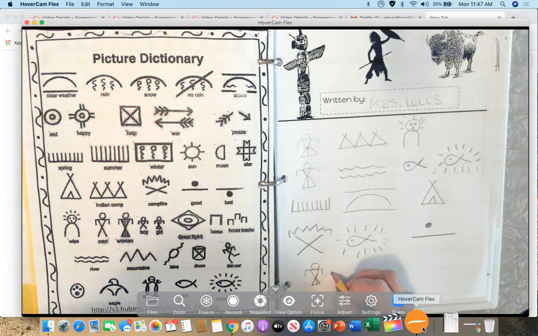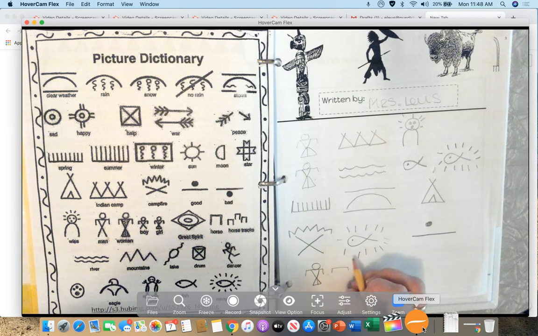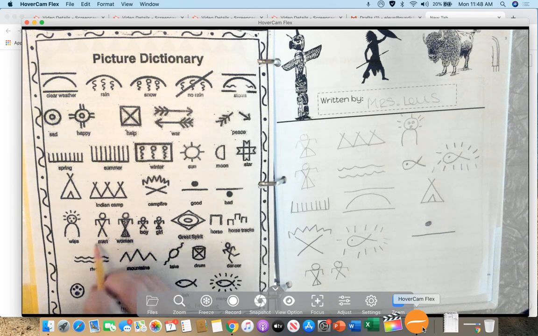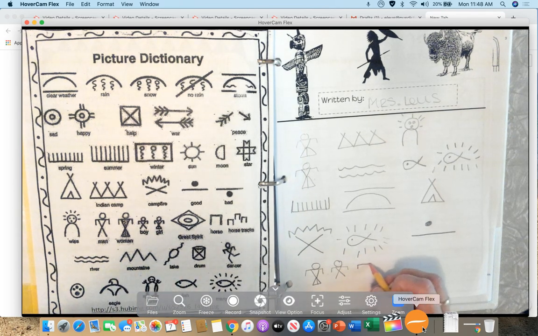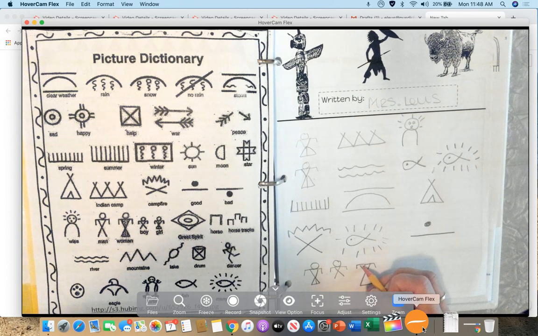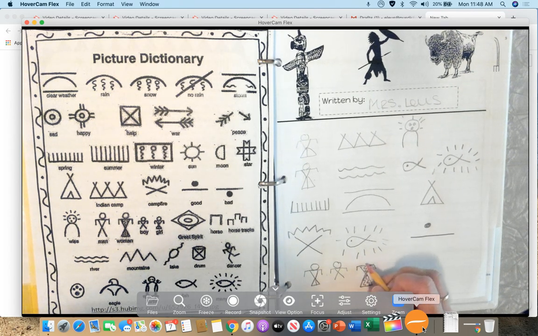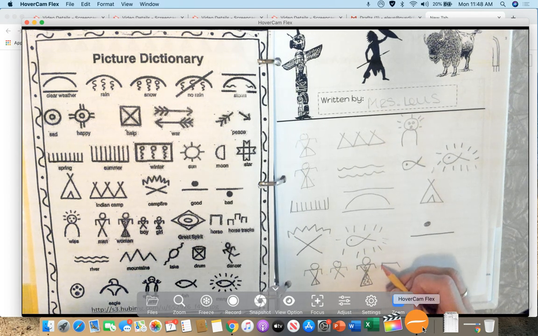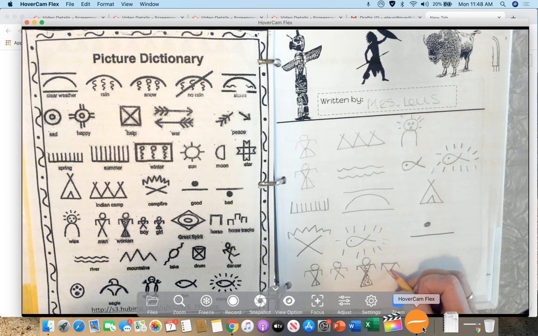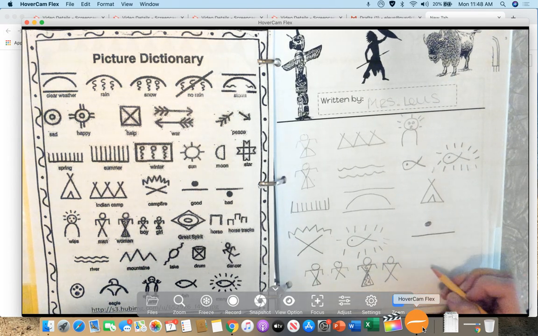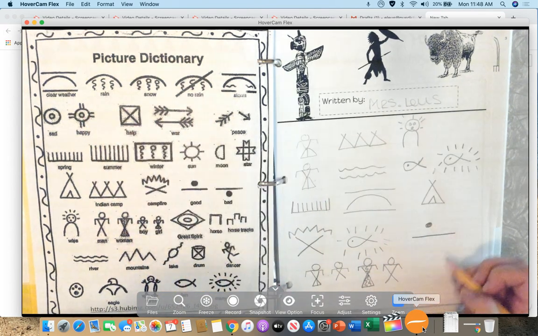I'm going to draw the girl, and that she has a brother, so the symbol for a boy. I'm going to draw the woman and the man too for her parents. And I'm going to draw that they were all happy. So here's the happy symbol right here.